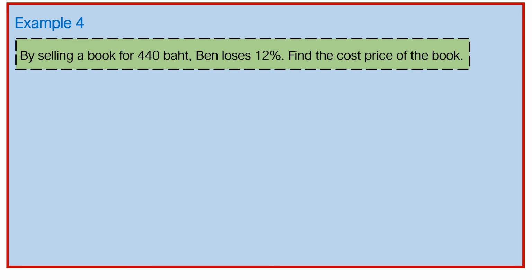We say that when the cost price is 100 baht, the selling price is 88 baht. Remember, we get 100 minus 12 to get 88.